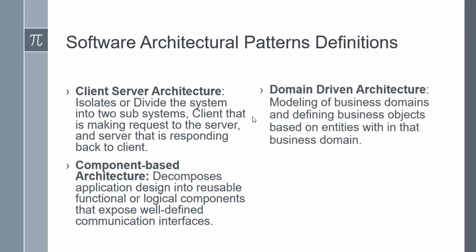Then we have domain driven architecture. It belongs only to a particular domain, or this architecture can be used on the middle layer or the business layer, because the purpose of this architecture style is modeling the business domain and defining business objects based on entities within that business domain. So for example, you are developing software for a hospital management system or for specific doctors.